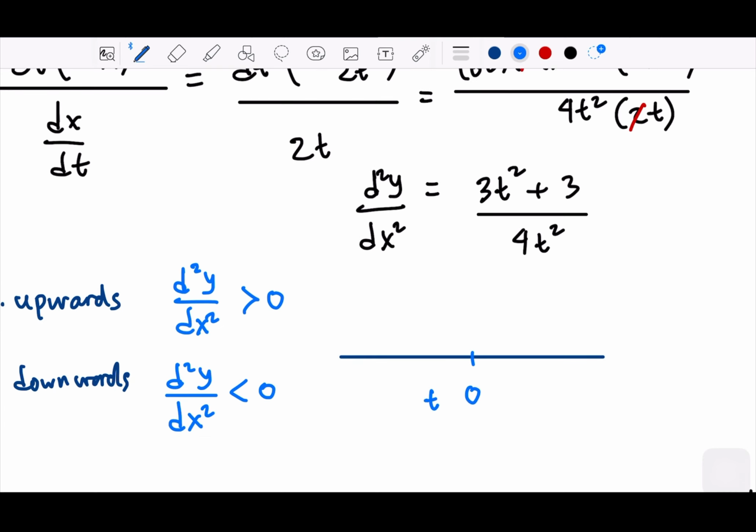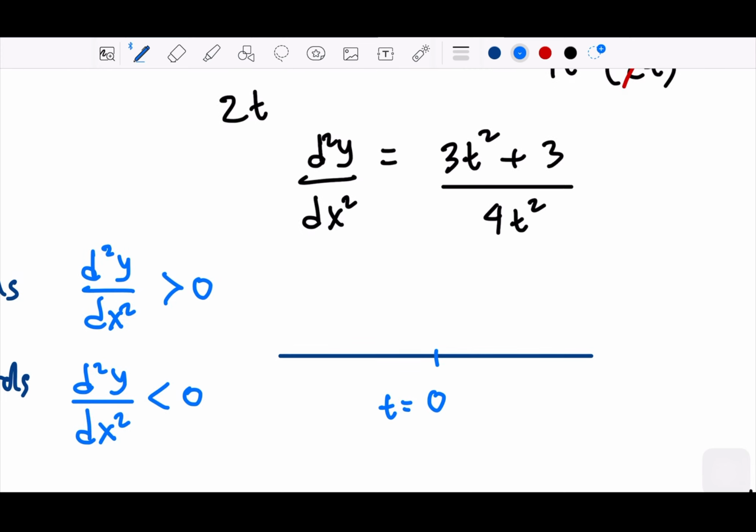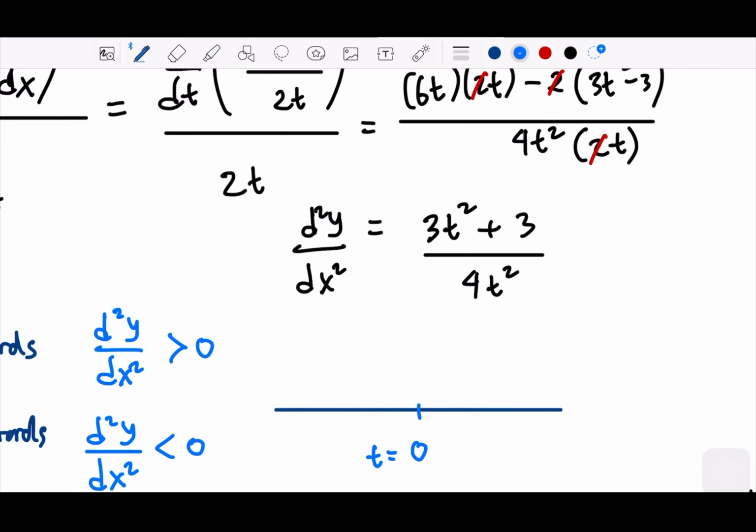So this is t equals 0. Then we try to check any numbers and whether it's positive or negative. Check 1, I think it's positive. If you check the negative, what will it give you? Oh, wait.